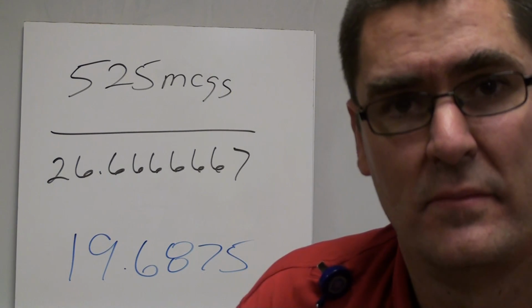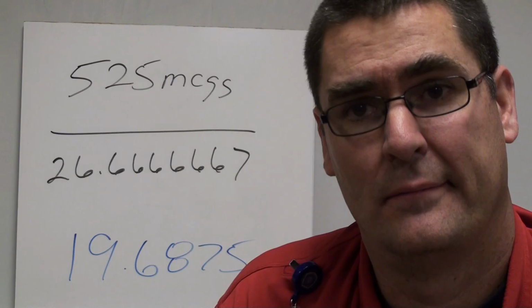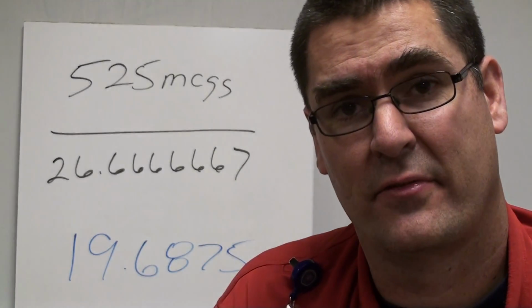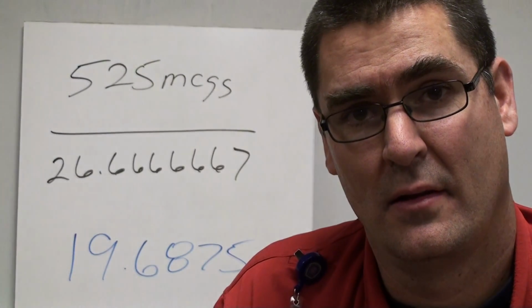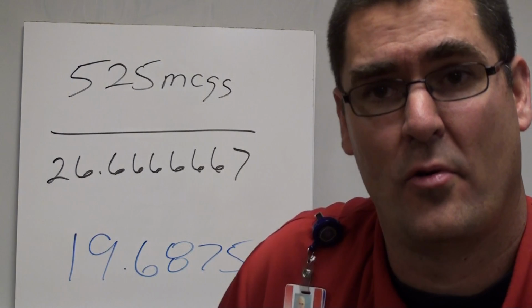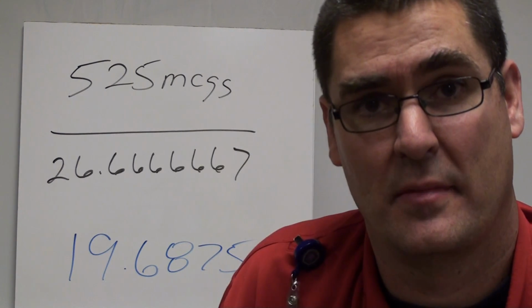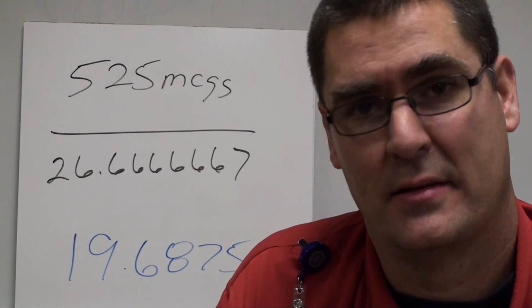Look familiar? Just like in the first one. Now, what's going to be really different in this is not the end of it. This only gets you to either 20 drops a minute or 19.6875 drops a minute. We're not done. That gets you drops per minute.